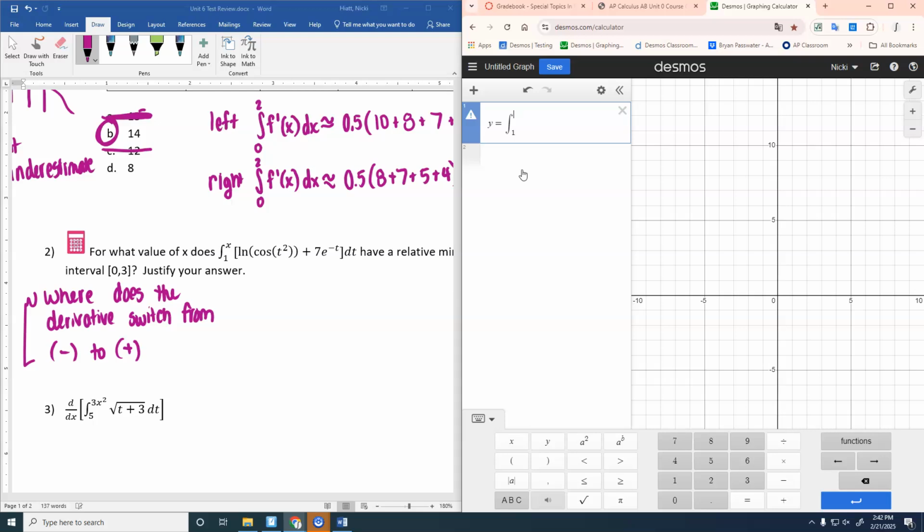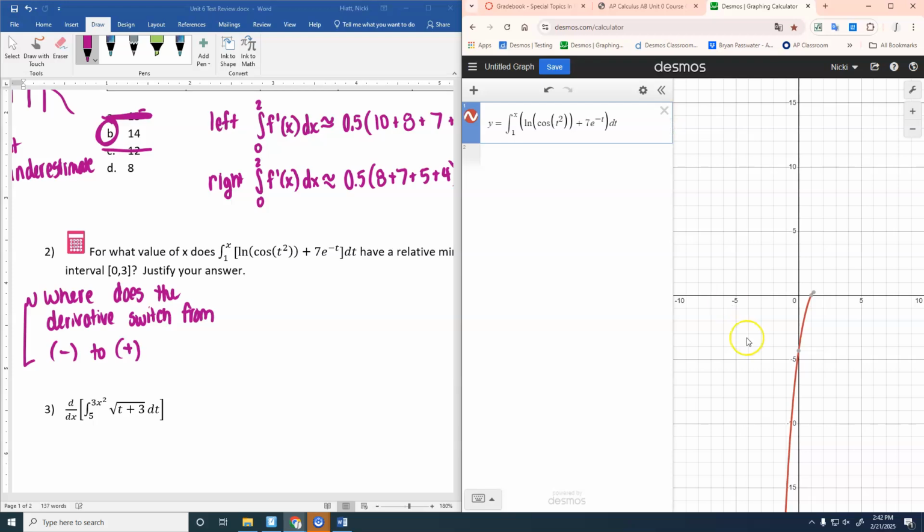1, 2, x of ln of cosine of t to the second plus 7e to the negative t, and then we would need like an extra set of parentheses here, dt.